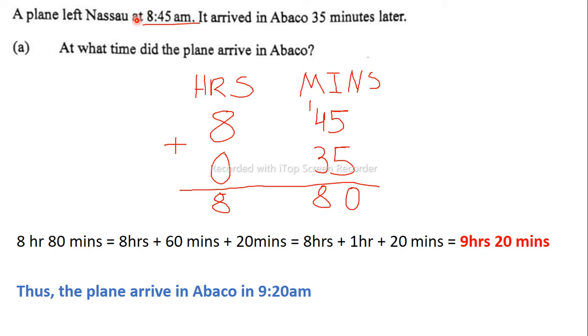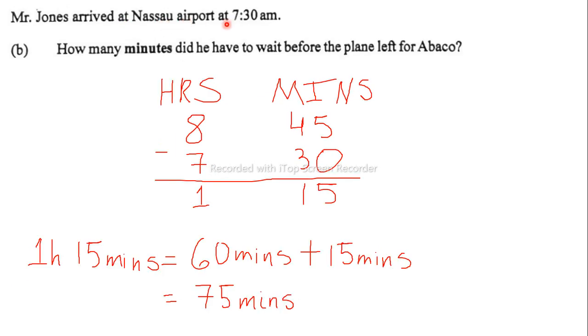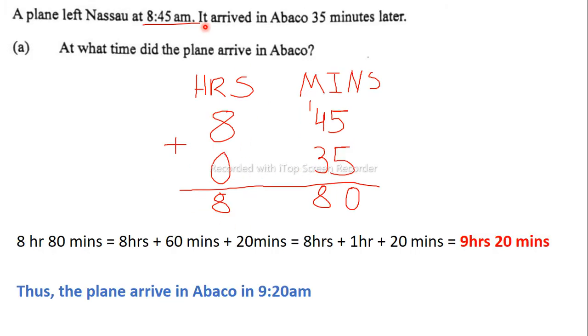They say that the plane left Nassau at 8:45. And since the plane left Nassau at 8:45, he was at the airport from 7:30. They're trying to ask how long he waited. Well, he waited 75 minutes before the plane left at 8:45.